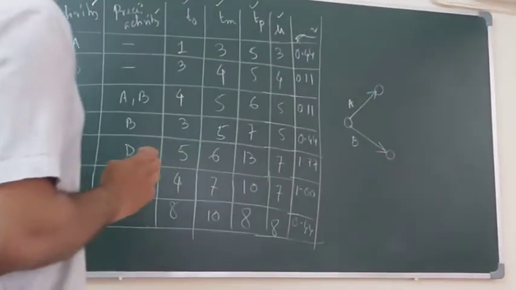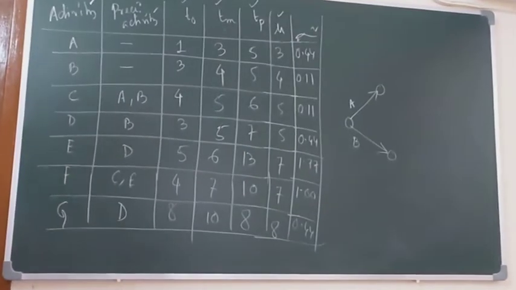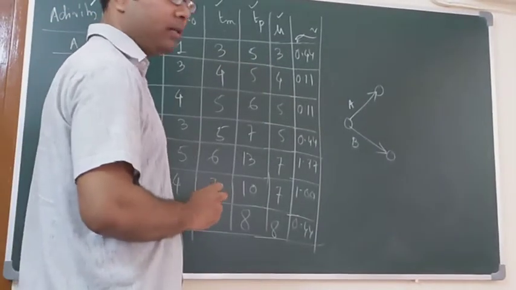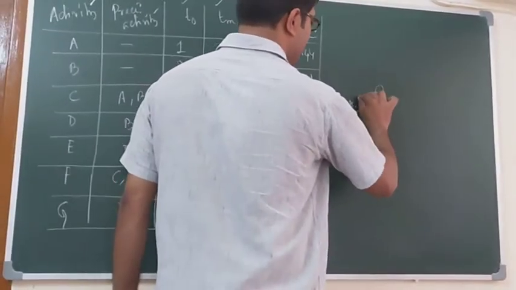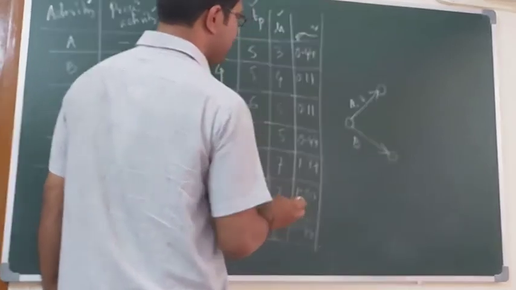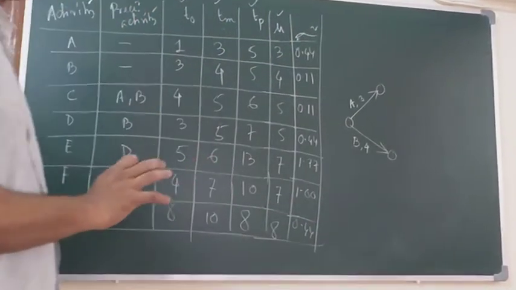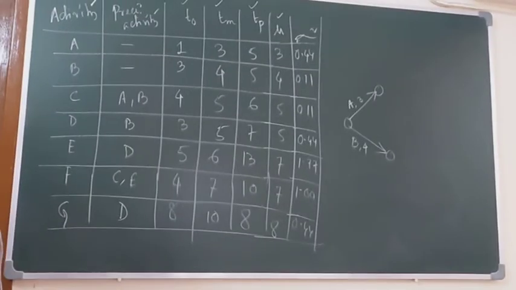The completion time for A is 3, that is the mean. For B, this is 4. That is the weight of these activities.